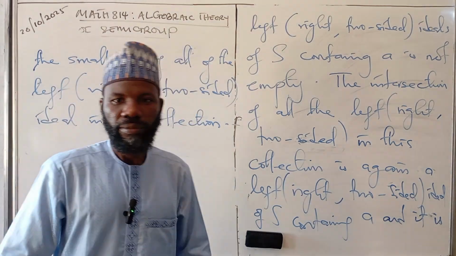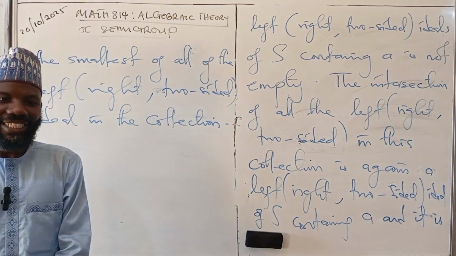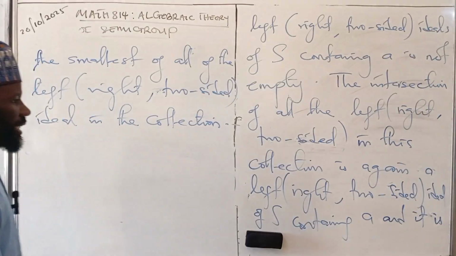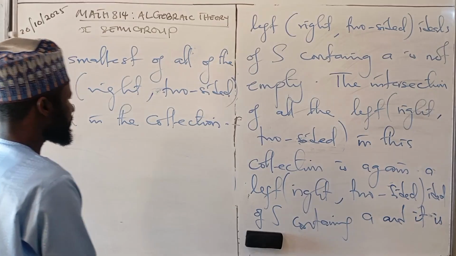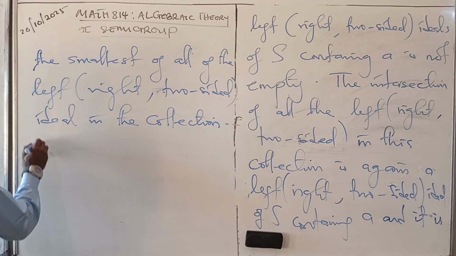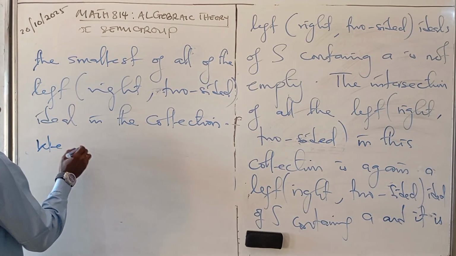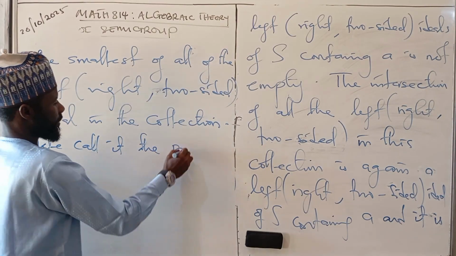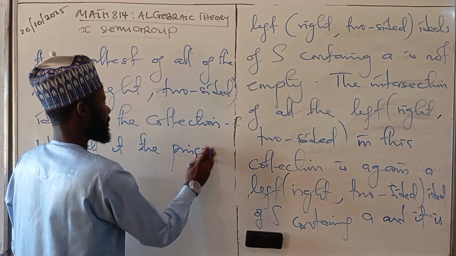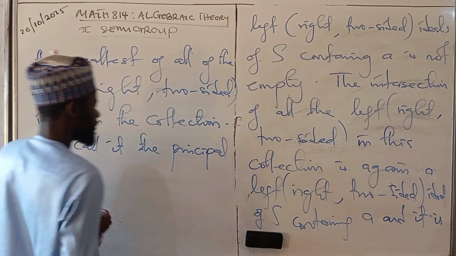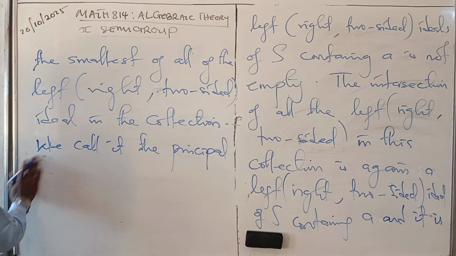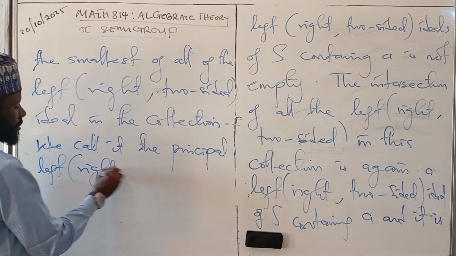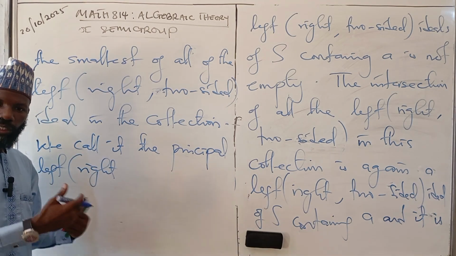We call it the principal ideal of S generated by A, the element A. If you are talking about right, it is the principal right ideal.